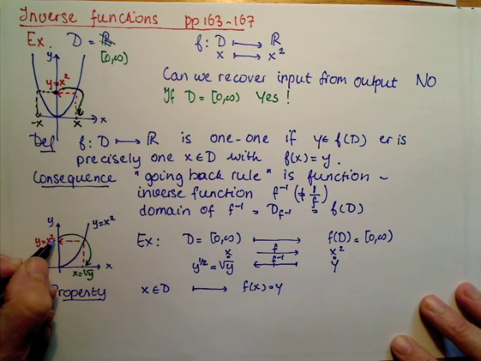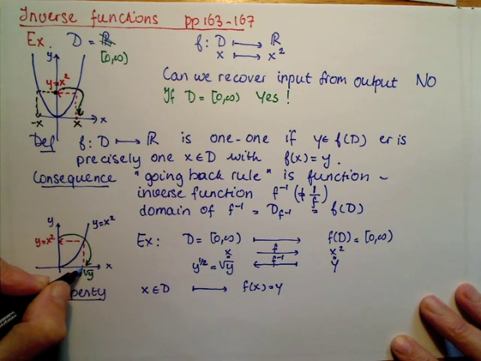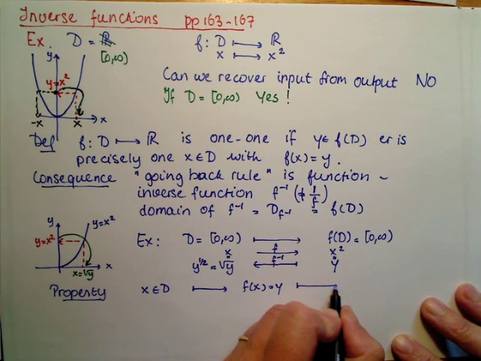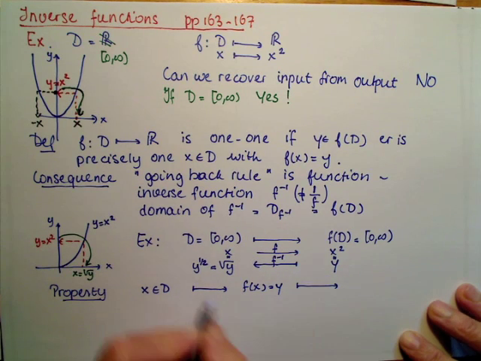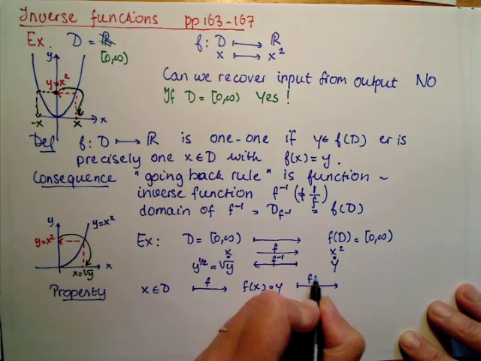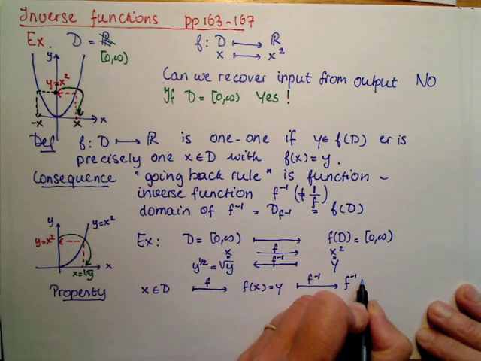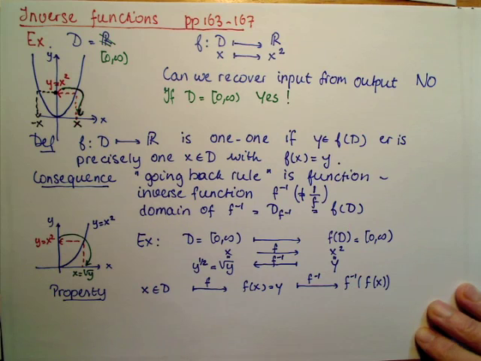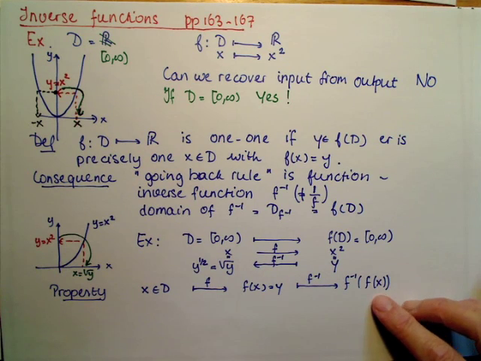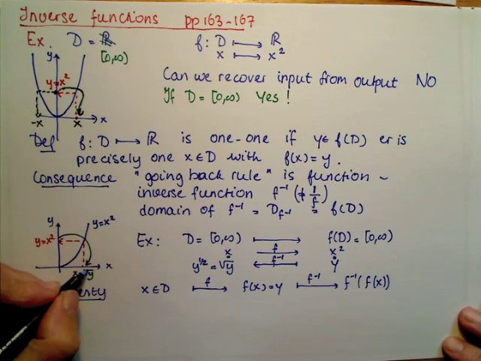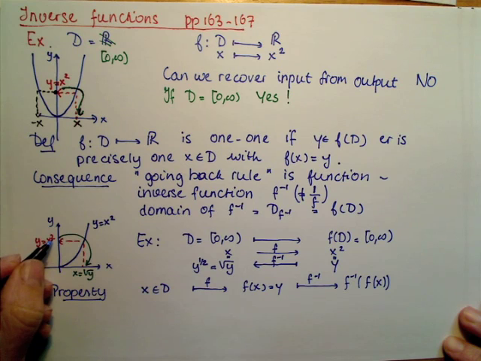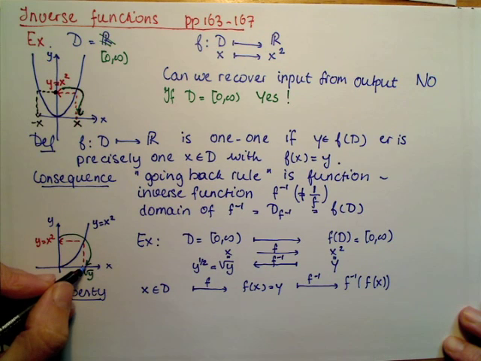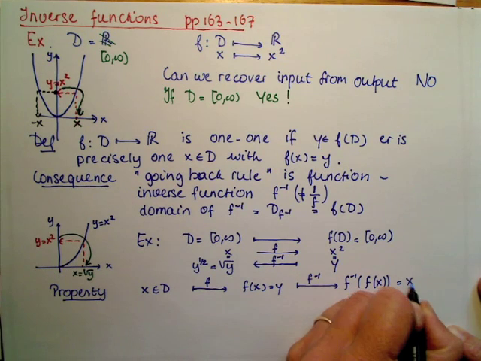Since the inverse exists, we can go back by the function f minus 1. So we get the inverse function applied to the point y is equal to x. And if we go first according to f and then back according to the inverse function f minus 1, then we come back to the original point.